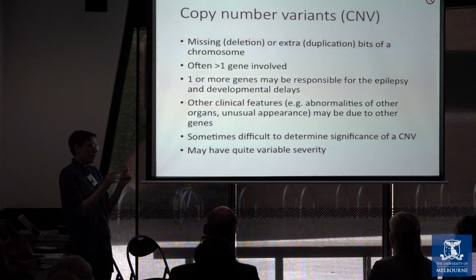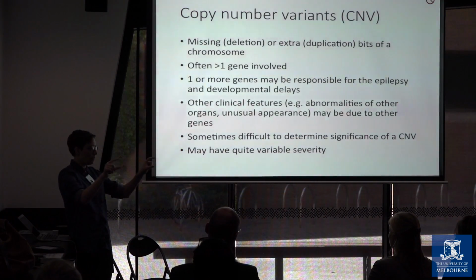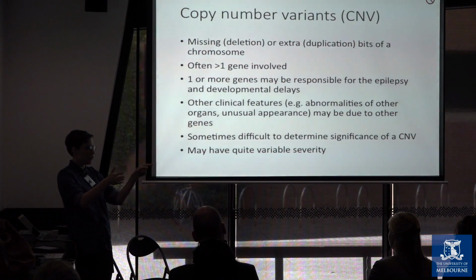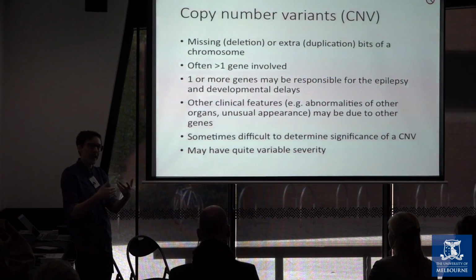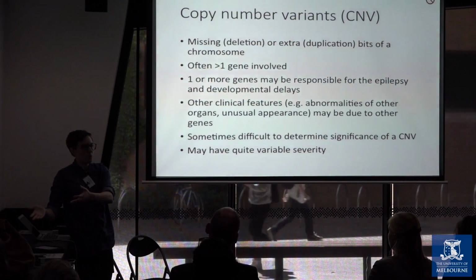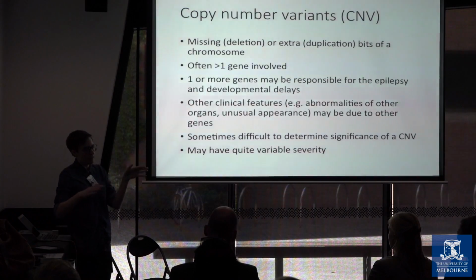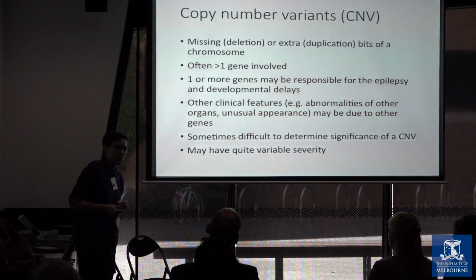So a lot of the epilepsy genes were found by looking at the copy number variants and saying, okay, within this one we know the children have seizures, and within this one which genes look like they could be a candidate for a seizure disorder, and then going back to a population of children without a diagnosis and sequencing particular genes in that. In that fashion, that's the way a lot of epilepsy genes were discovered.